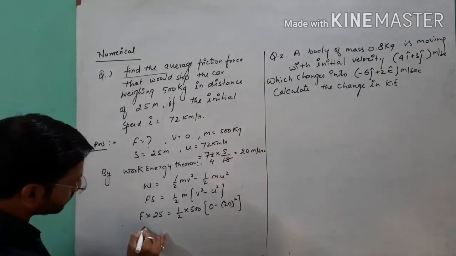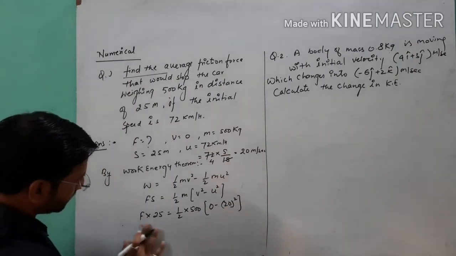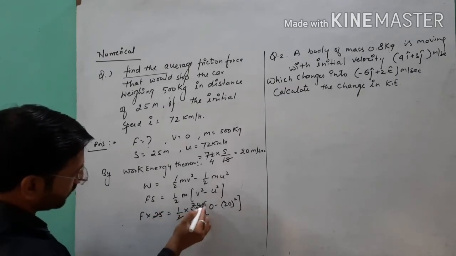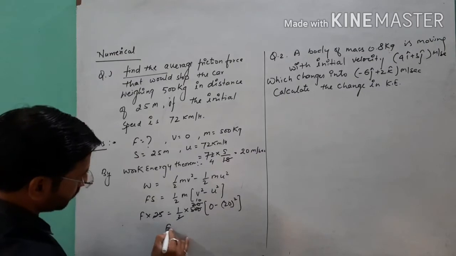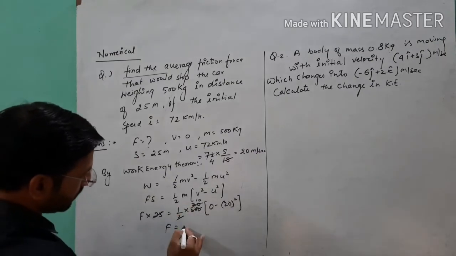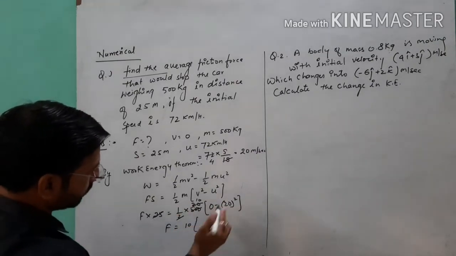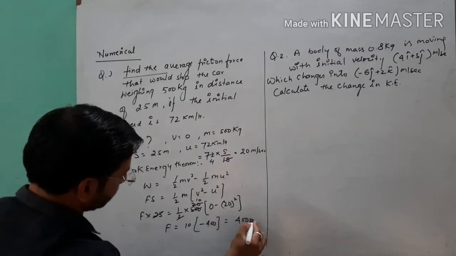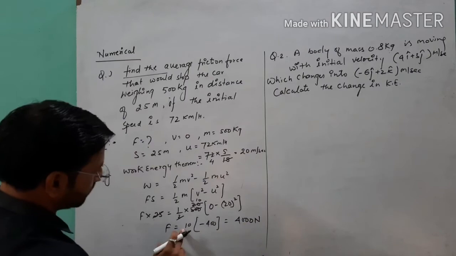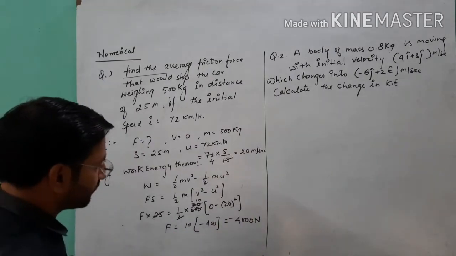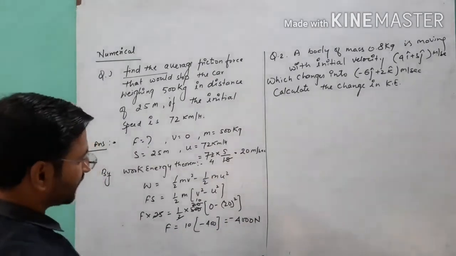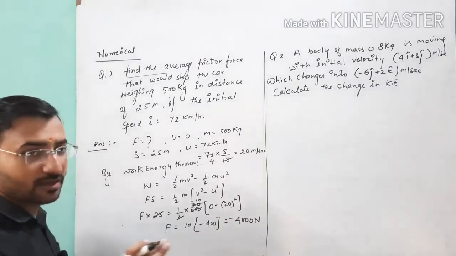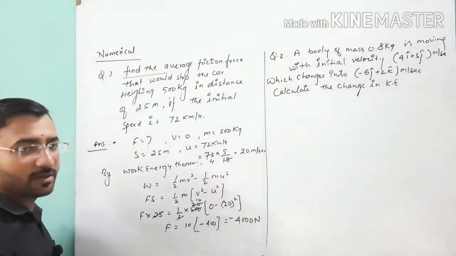Now see, we can solve this part. 25 ones are 25, 2 fives are 10, so force is equal to 10 into 400 with a negative sign, so it is 4000 Newton with a negative sign. So here the negative sign implies that the car is in retarded motion.